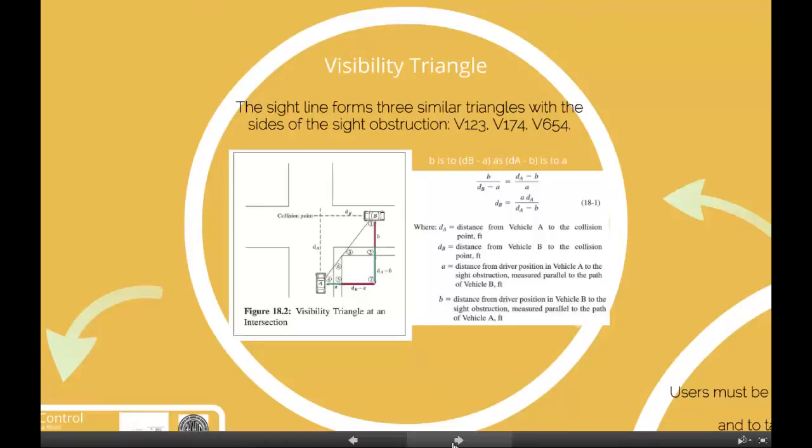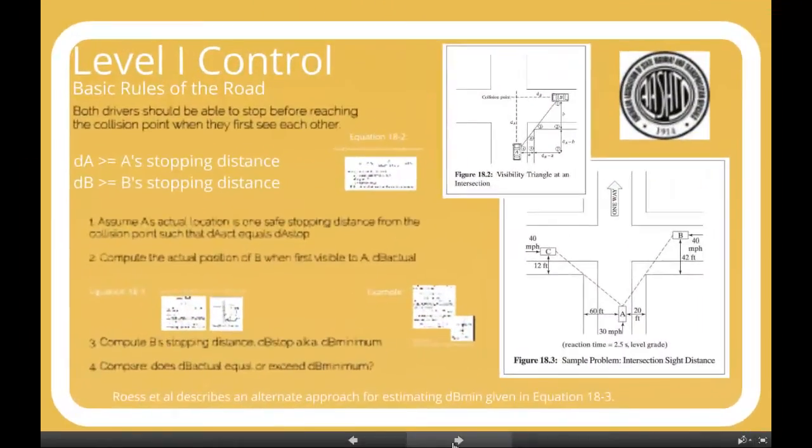The properties of the visibility triangle have application for level 1 control and beyond. Let's begin with level 1 control, where vehicles operate under the basic rules of the road. The basic rules of the road apply at any intersection where right-of-way is not explicitly assigned by use of signals or stop signs or yield signs.